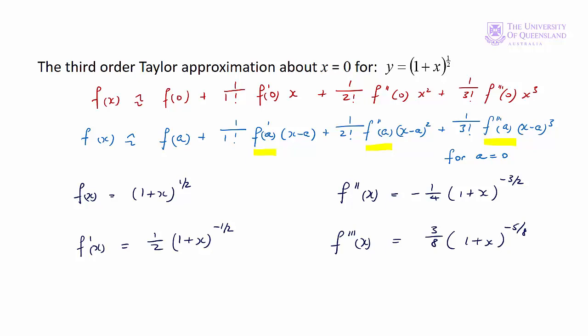Next, we want to evaluate the function and the derivatives for a equals 0. f of 0 is equal to (1 plus 0) to the half. That's equal to 1. f prime of 0 is equal to 1 half (1 plus 0) to the minus 1 half.